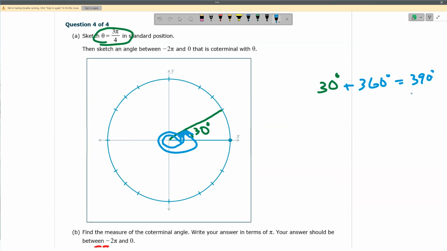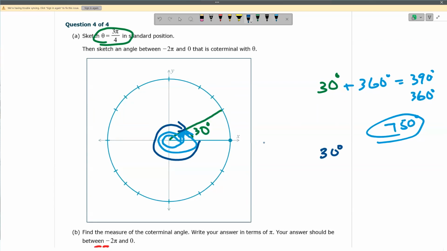So you're adding another 360, and you have 750 degrees. That is also coterminal with 30 degrees. If you want the negative, then you go the other direction. You go from 30 and then go around 360 in the opposite direction. You subtract 360, and that gives you negative 330 degrees. That is also a coterminal angle of 30 degrees.